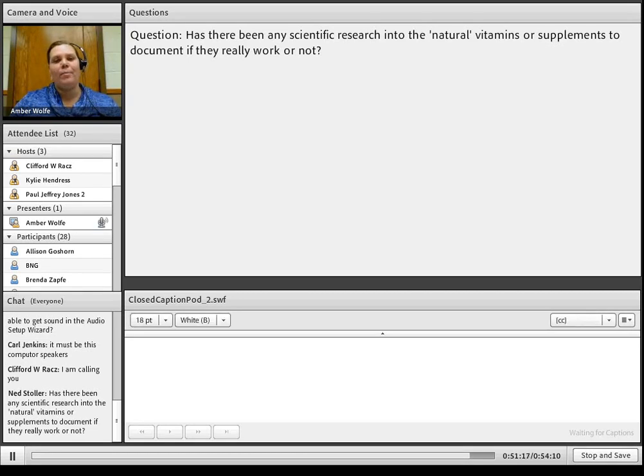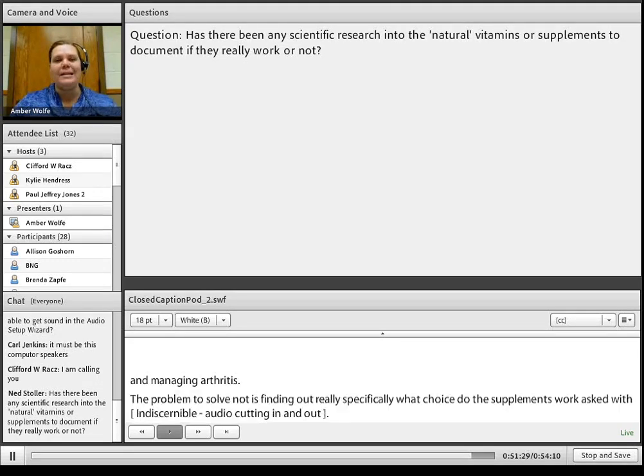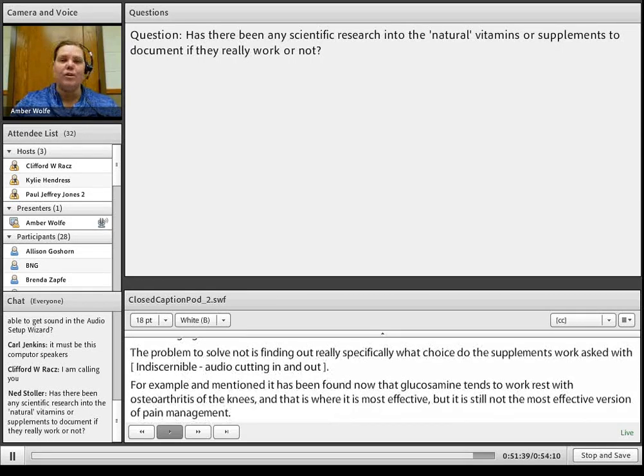The problem that they're trying to solve now is finding out really specifically what joints those supplements work best with. So for example, I mentioned that it has been found now that glucosamine tends to work best with osteoarthritis of the knees, and that's where it's most effective, but it's still not the most effective version of pain management. The chondroitin, some research is showing that it works best in partnership with the glucosamine, and others are showing that it works best on its own.